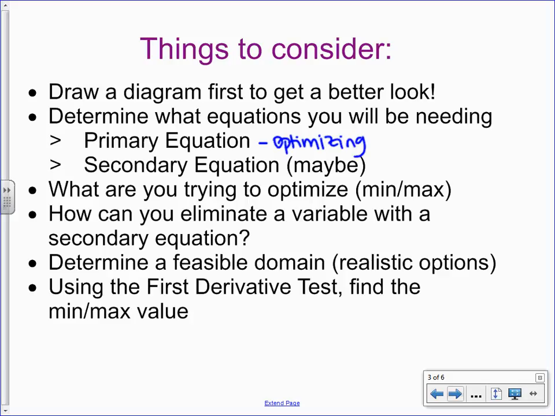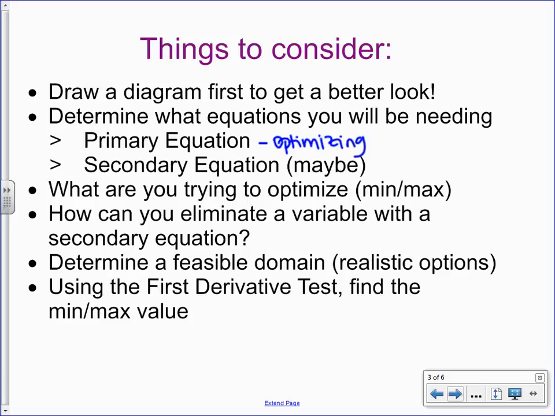So if it's asking for you to make the volume as large as possible, your primary equation will be the volume equation. If they're asking for you to minimize perimeter, then your primary equation will be the perimeter. Now sometimes they don't give us enough information.